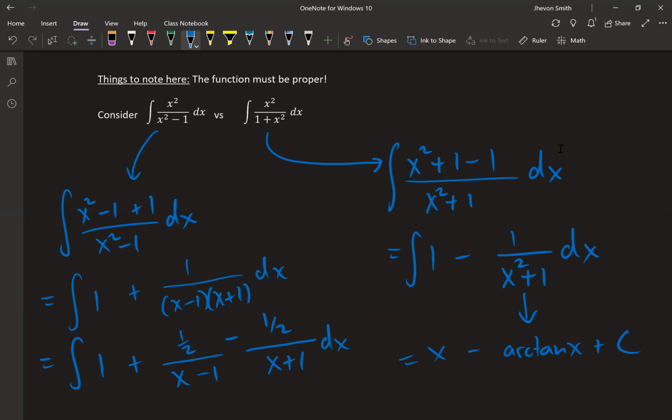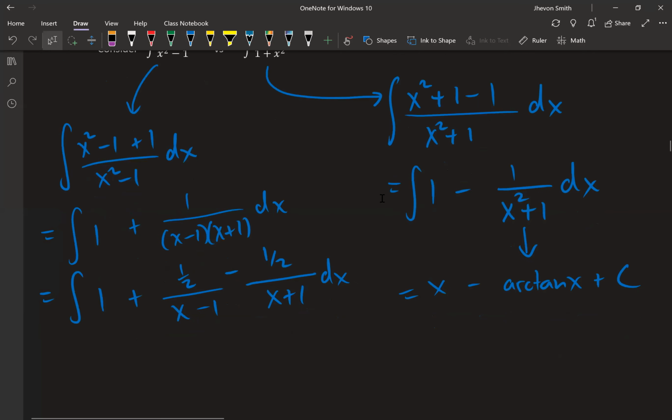Right? So sometimes you realize by reducing the fraction, you don't even need the partial fractions afterwards. Sometimes, even after reducing, you might need it. So you'll notice that you may or may not need partial fractions after reducing.